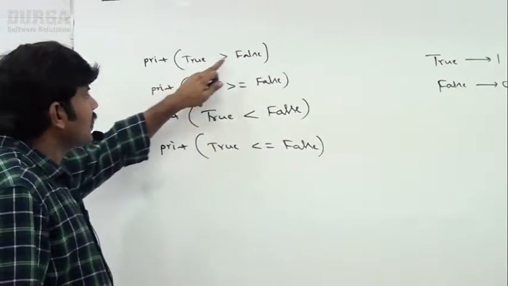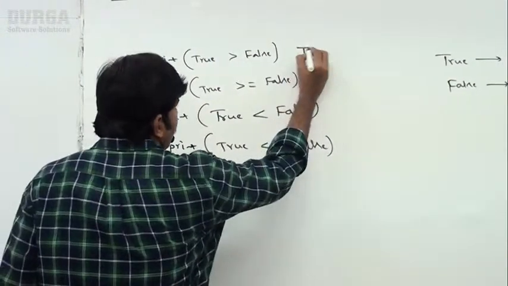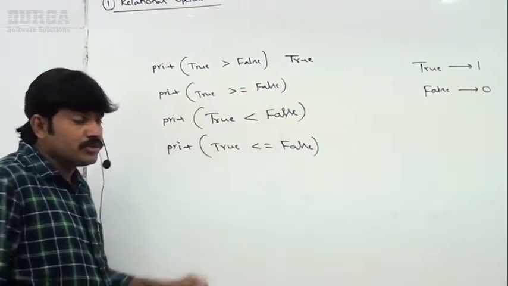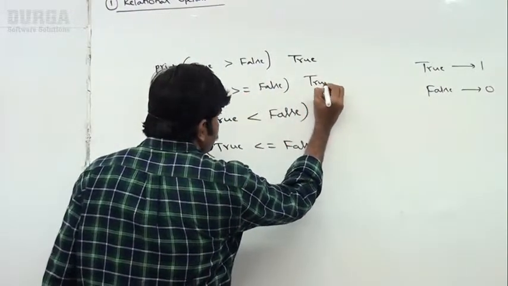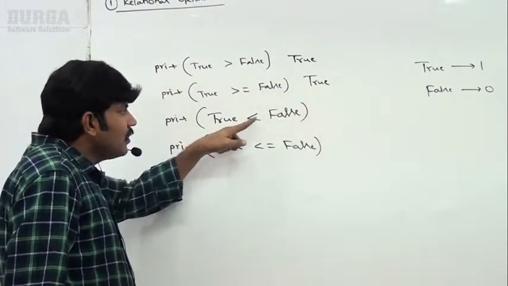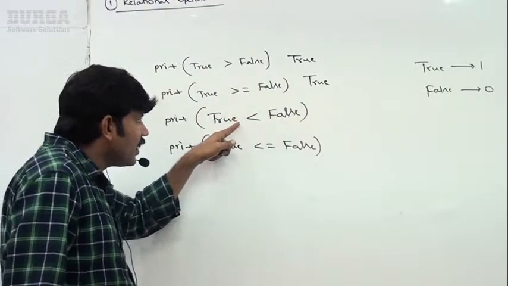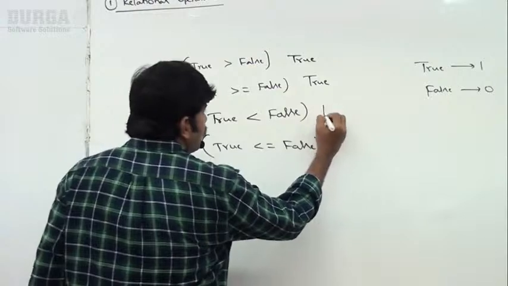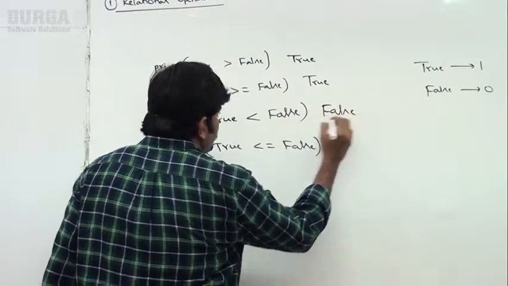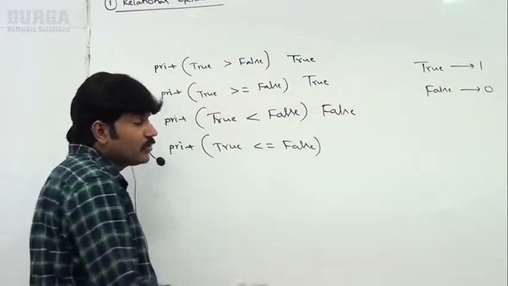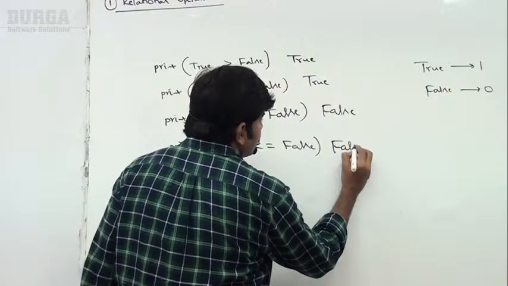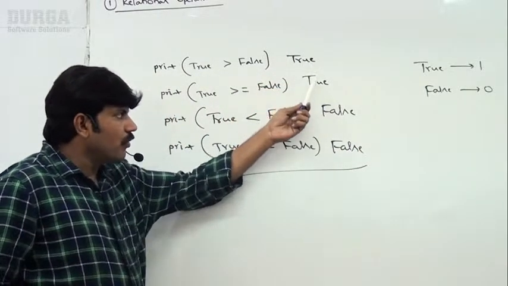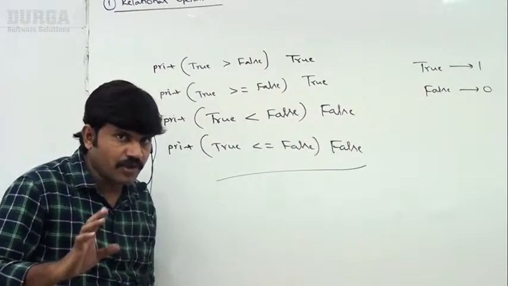Now 1 greater than 0, the answer is true. 1 greater than or equal to 0, the answer is true. Next, 1 less than false, which means 0. 1 less than 0, false is the answer. 1 less than or equal to 0, false is the answer. Are you able to understand? So true, true, false, false is the answer we have to get.